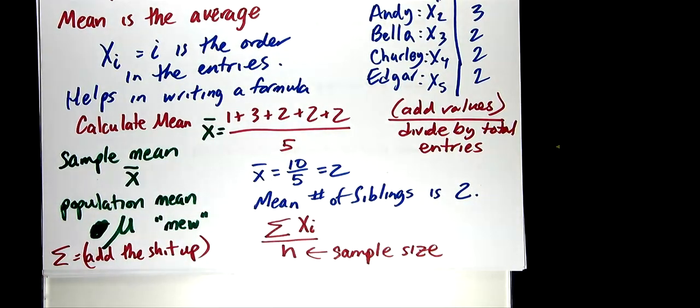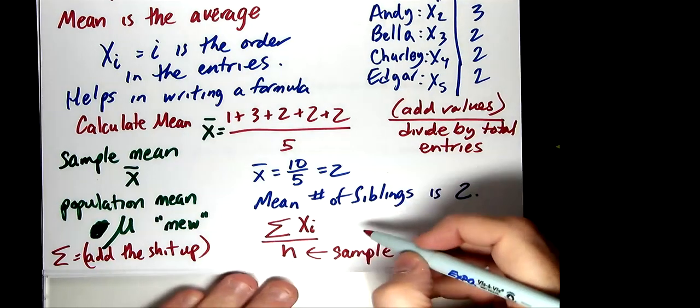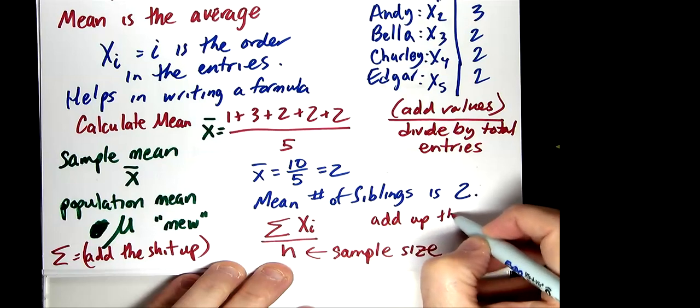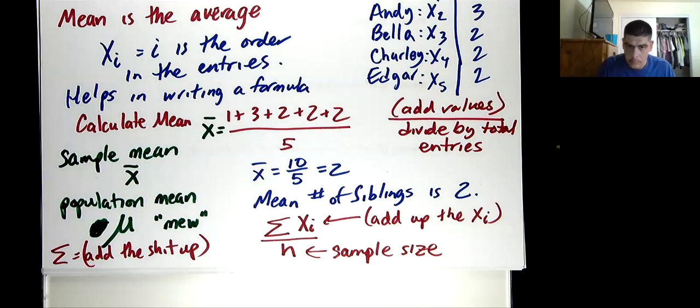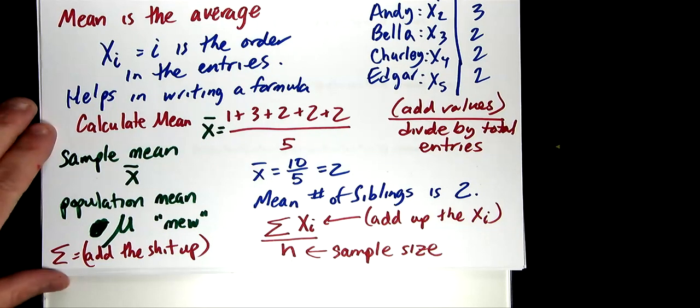So in this case, we're going to add up the Xi. That's how we calculate the mean.